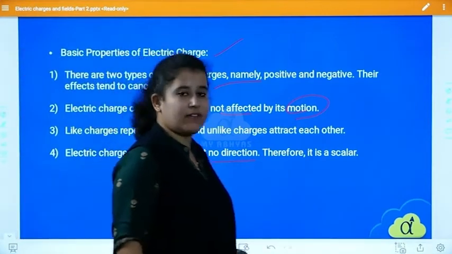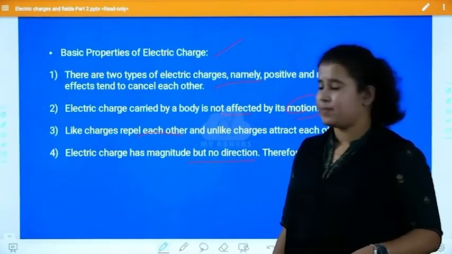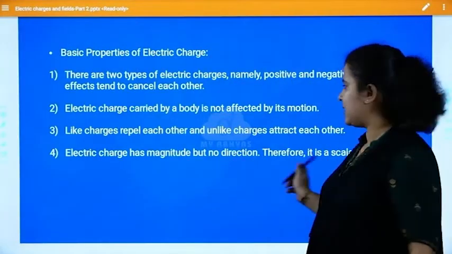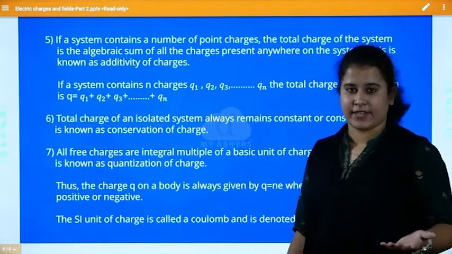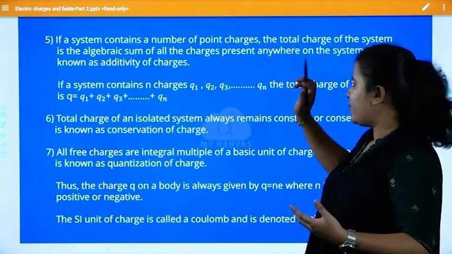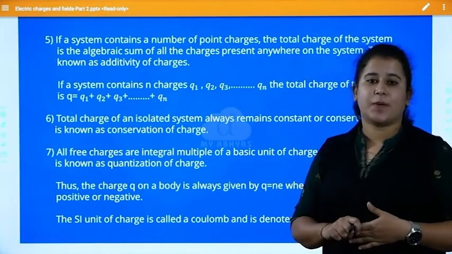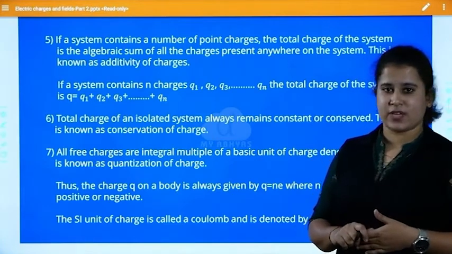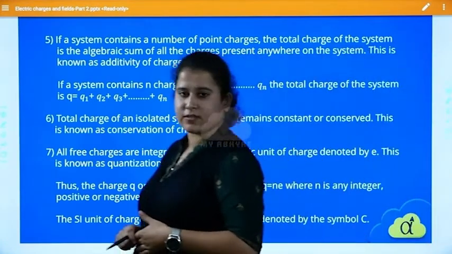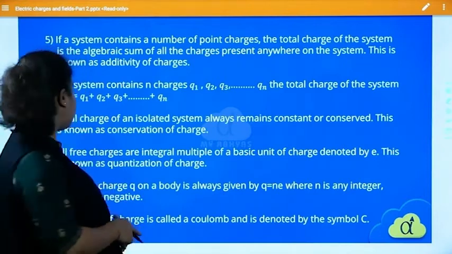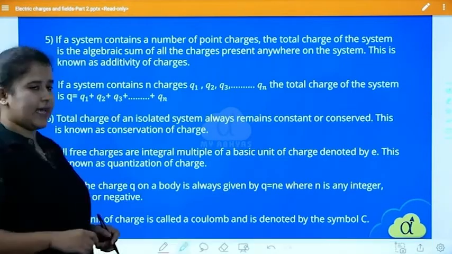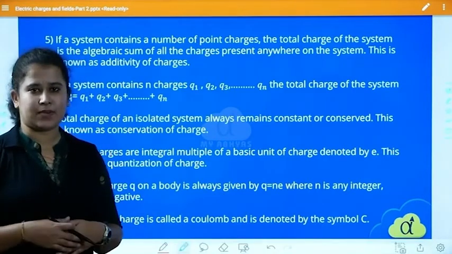Clear? So next we have other three important properties where you will be learning new concepts, which you have not come across anywhere. So coming to the first, we have this property as additivity of charges. So what is additivity of charges? For example, in your class, how many members are there? Okay, I'll say approximately there are 20 members in your class.